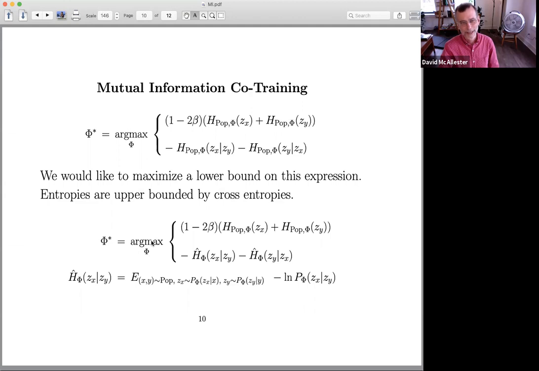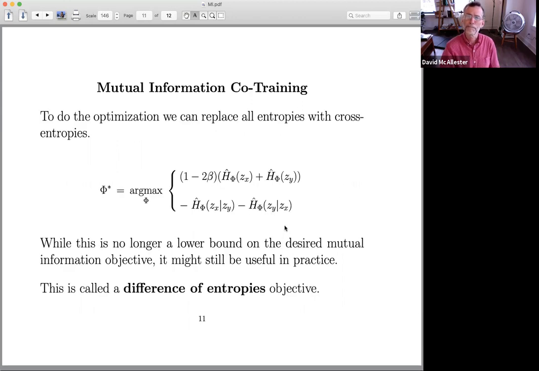However, if we think of the cross entropies as entropy estimates, then in practice, it might make sense to replace these entropies by computable entropy estimates, which were given by minimizing a cross entropy. So if I replace these by cross entropies, where we understand that these cross entropies are being minimized, then it could be a reasonable thing to do in practice.